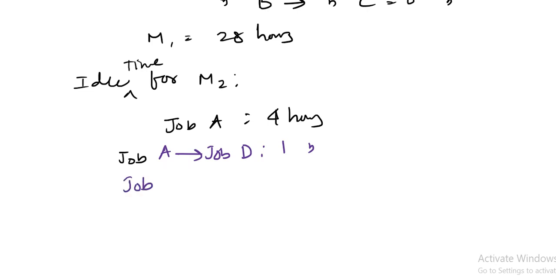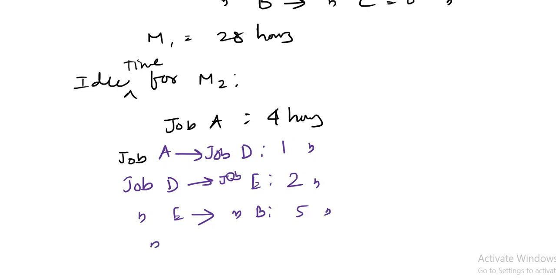Job D to E, 15 minus 13, that is 2 hours. Job E to B, 24 minus 19, that is 5 hours.